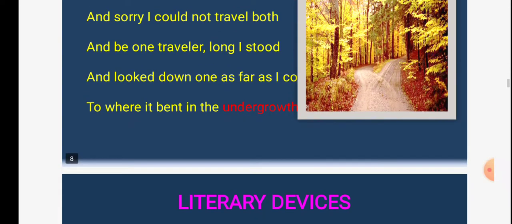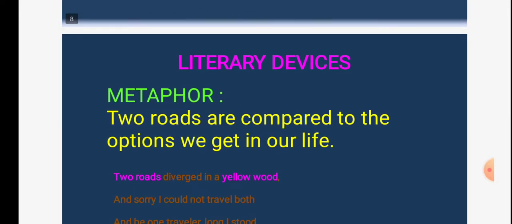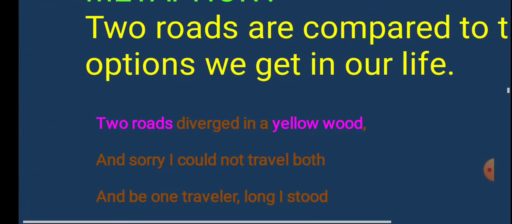Next word, metaphor. Metaphor is a poetic device that is used to compare something. Compare means to do the comparison. Two roads are compared to the options, to the choices.